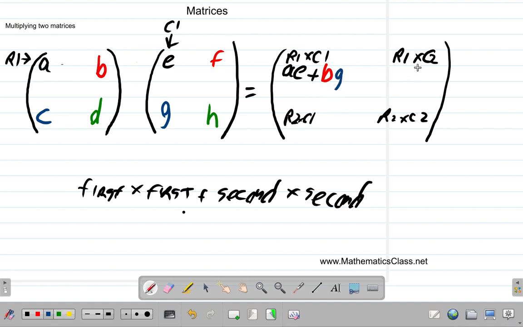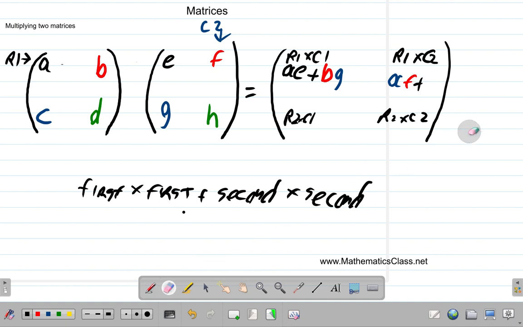Right. Then row 1, column 2. Here we have column 2 going down. First elements multiplied. First in row 1 by first in column 2, A times F. So it is AF. See that?